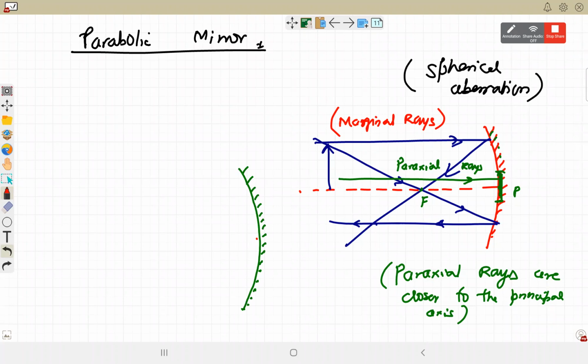Sir, ये समझ में आ गया, but how do marginal rays and paraxial rays affect the image? See, the problem is that the light ray which is incident as a paraxial ray will be at almost a very, very zero angle.